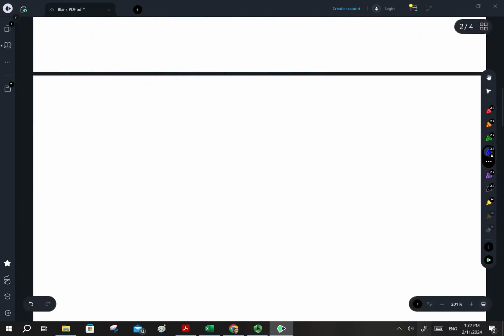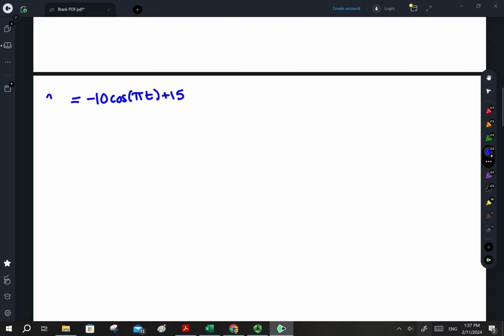So we have our formula for h of t, negative 10 cosine pi t plus 15. And we want to know when that is equal to 24 meters. So we set it equal to 24. Now, in any trig equation where there's only one term with a trig function in it, the first thing you're going to want to do is isolate that trig function.